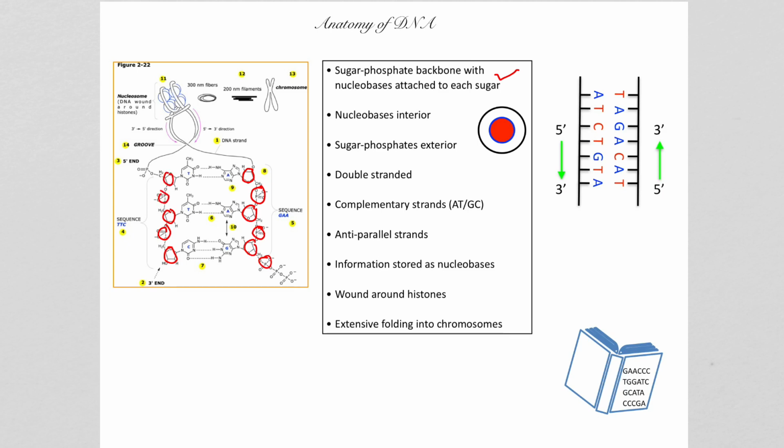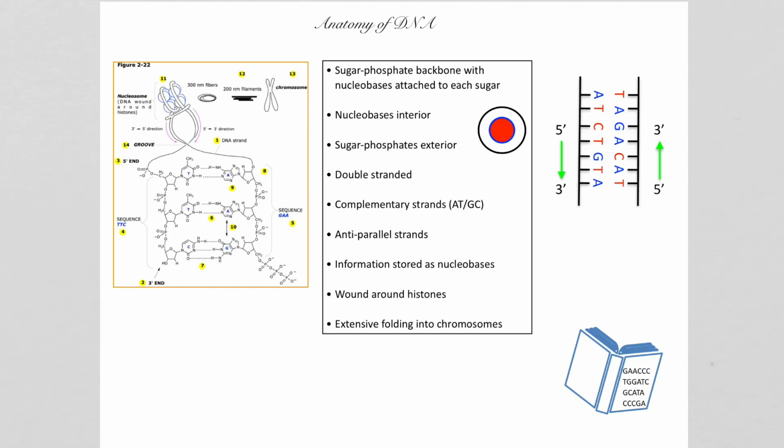and so on. And then attached to the sugar are the nucleobases. Inside the DNA, in the interior of the DNA, are the nucleobases. So the sugar phosphates are on the outside, as shown here, while the nucleobases are on the inside.